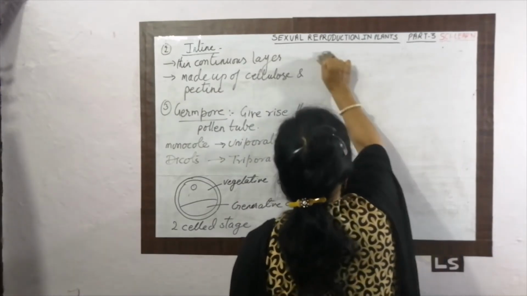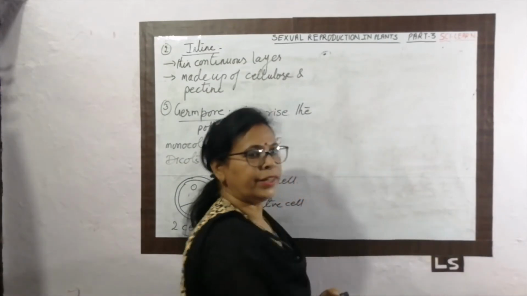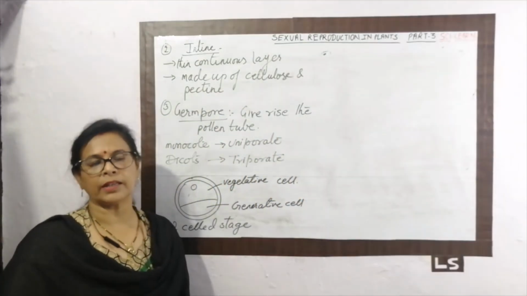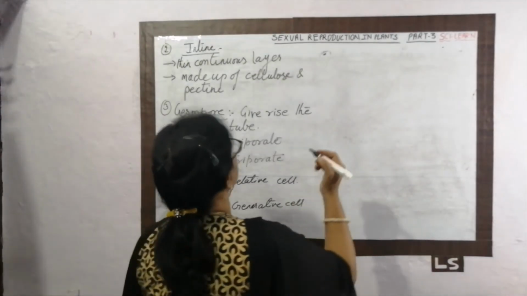Now, what happens in this pollen? Pollen goes through a division process. What division process is there? That is called mitotic division. What happened due to the mitotic division?